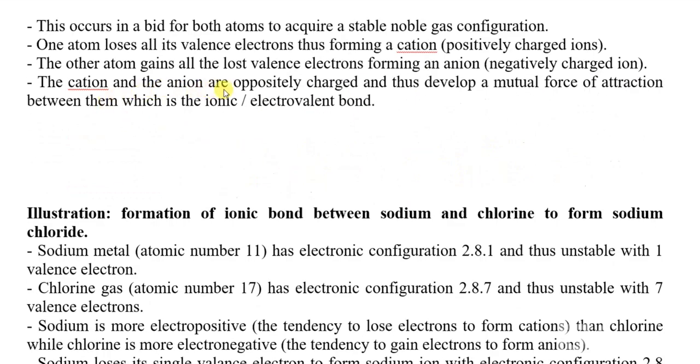The cation and the anion are oppositely charged and thus develop a mutual force of attraction between them, which is an ionic bond, or electrovalent bond. Because one is negative and one is positive, they attract each other. Like they say in physics, unlike charges attract, like charges repel. This force of attraction brings them together, forming a bond, and the bond is called ionic.